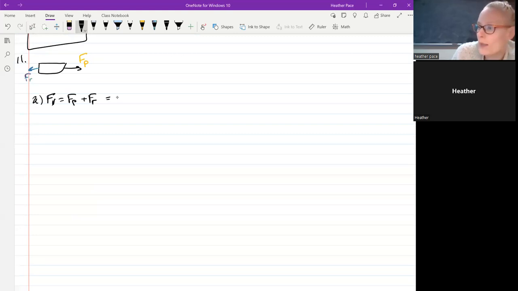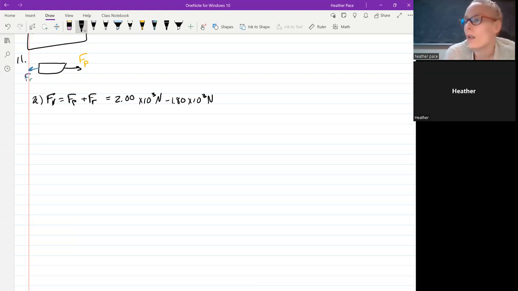Which is 2.00 times 10 to the third newtons minus, if FP is going forward, FR is going back, 1.80 times 10 to the 3 newtons. All right, so A is asking us for acceleration.